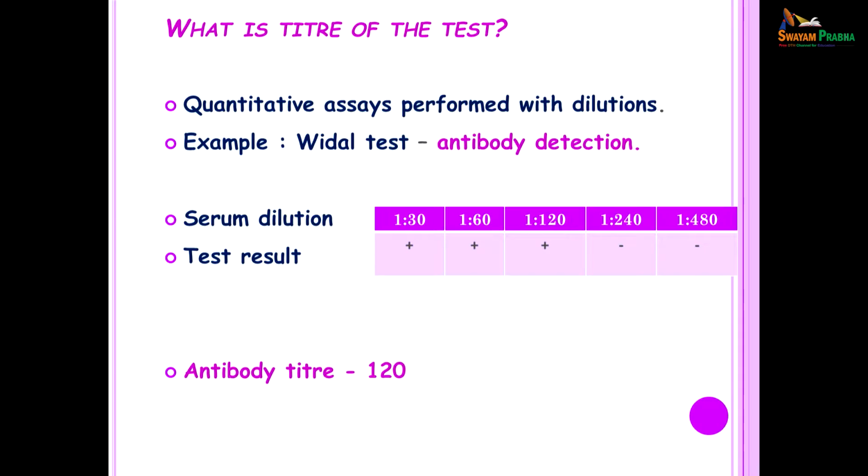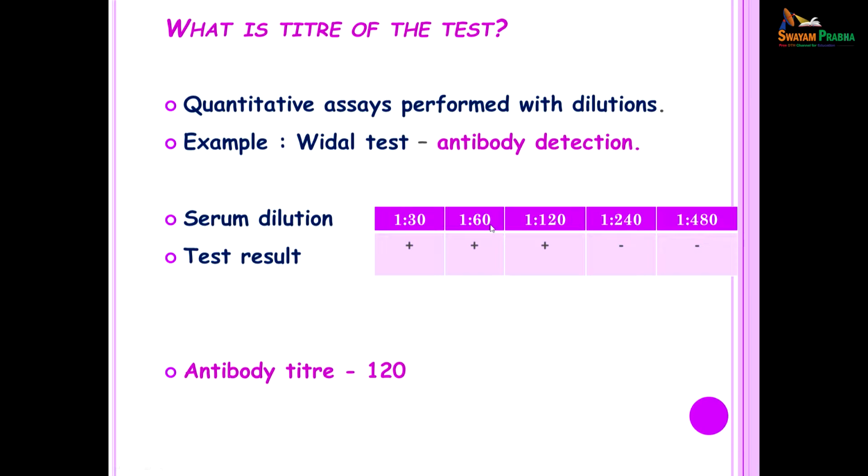Let us take the example of the Vidal test, which is done for the detection of antibodies in a patient suffering from typhoid. We first take the patient's serum and dilute it. We can do doubling dilutions, as is obvious in this slide: 1 in 30, then 1 in 60, 1 in 120, and so on till 1 in 480.